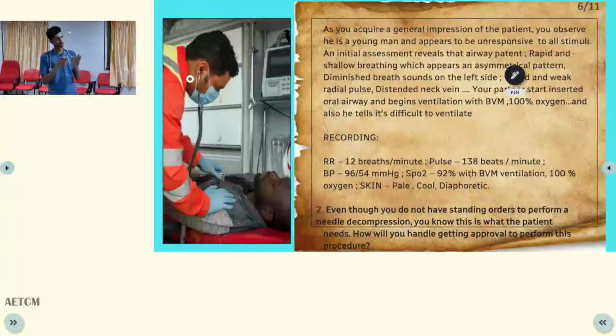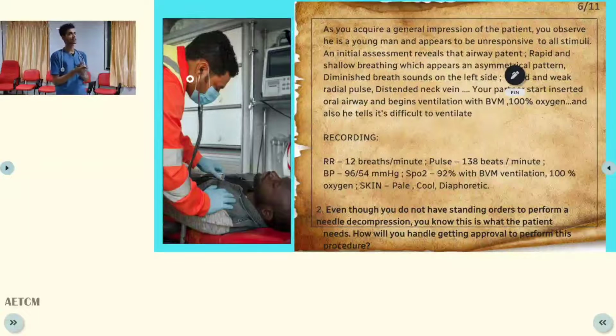Once you arrive and complete your initial assessment, you get a report like this. As you acquire a general impression of the patient, you observe he is a young man and appears to be unresponsive to all stimuli. You well know, once you get into the scene, you do scene safety and all the measures.